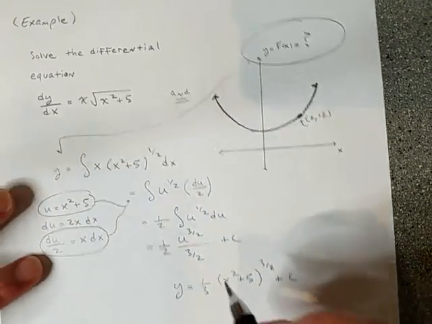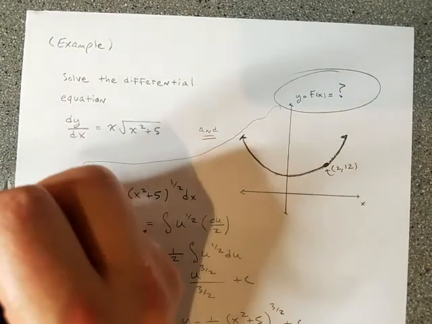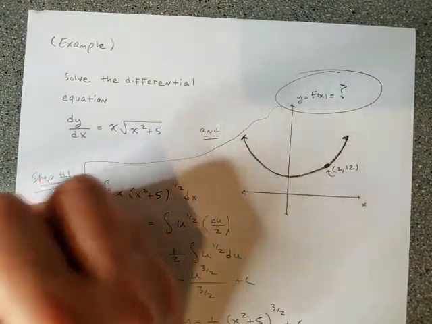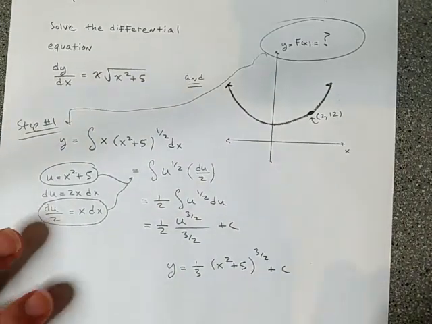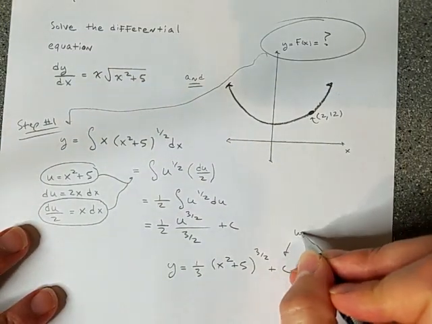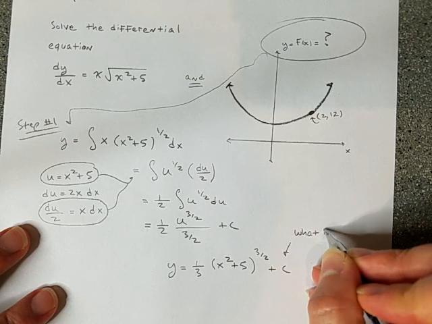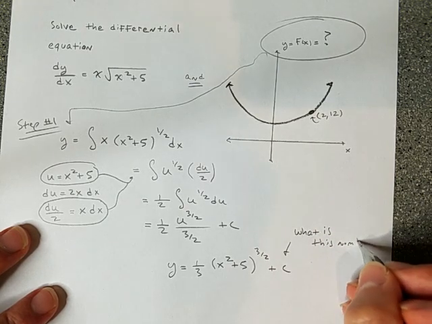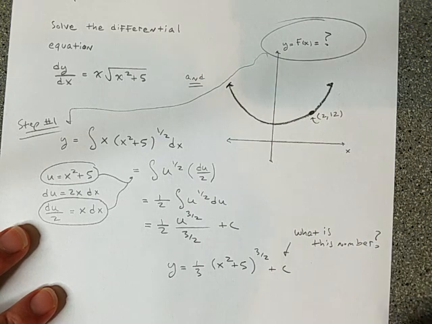But this is incomplete. So let's do it like this. I call this step 1. What's incomplete about it? What is c? What should that number be?